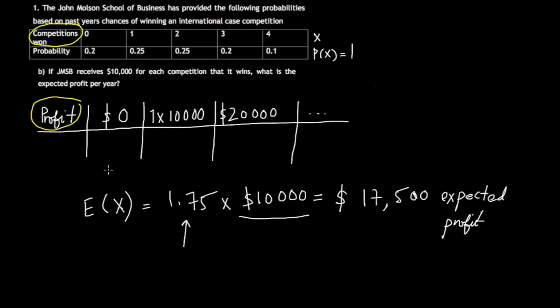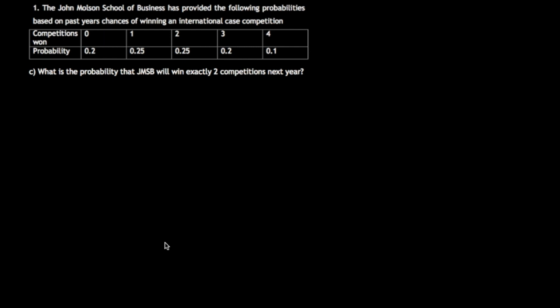Let's move on to question C. Question C asks, what is the probability that JMSB will win exactly 2 competitions? So, remember what I told you before. The hardest part about probabilities is often translating a sentence into its mathematical form.